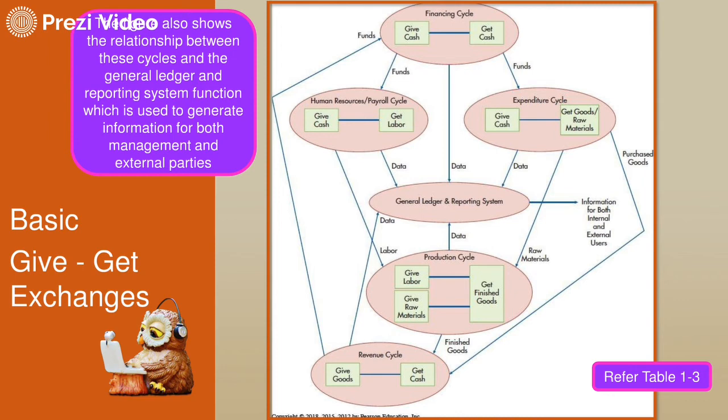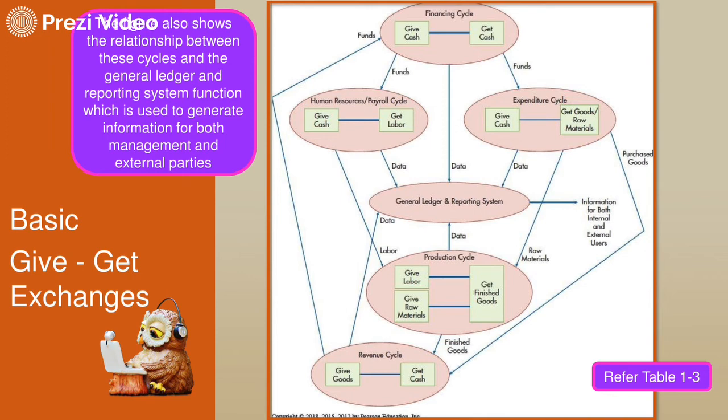Basically this is the AIS. This AIS collects all the data from all those cycles. You can see the data arrows from the revenue cycle, human resource cycle, financing cycle, and expenditure and production cycles. That data goes into the general ledger and reporting system, and then you can see one arrow flowing out from the system: information for both internal and external users.